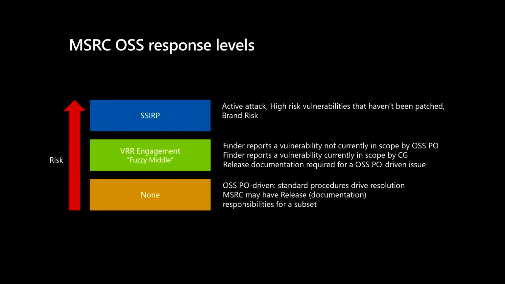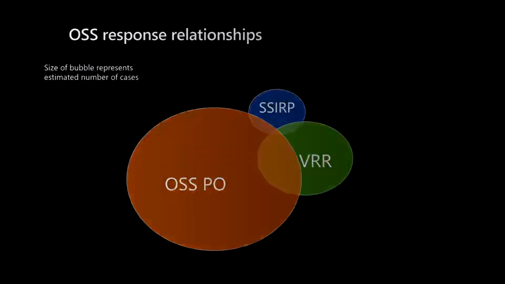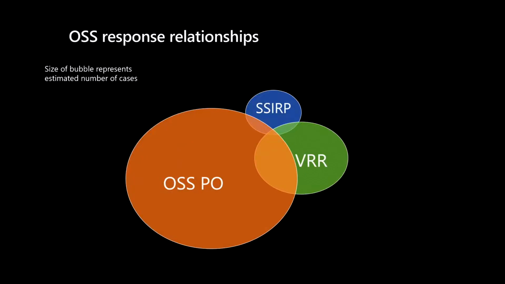What is the right level of response? And when we look at that response level, it's not going to be very clear that one organization or one team has responsibility for driving it, depending on the severity or the type of issue. In reality, we are all going to be working together in most of the scenarios.